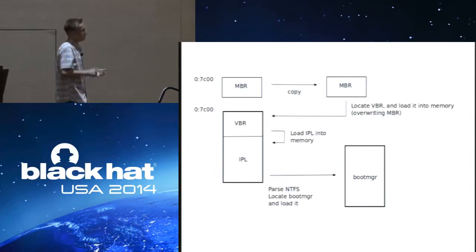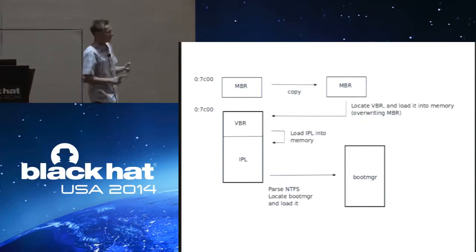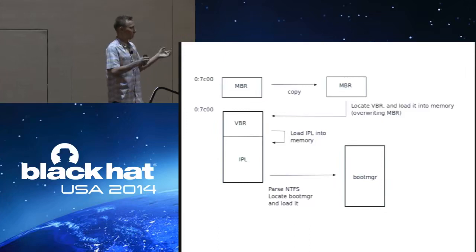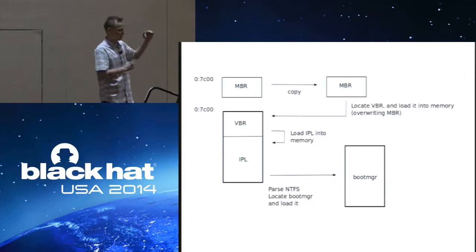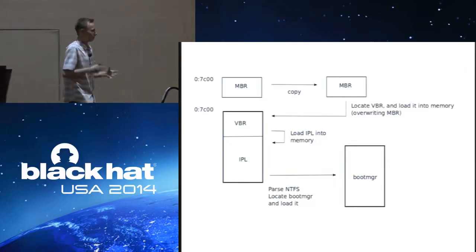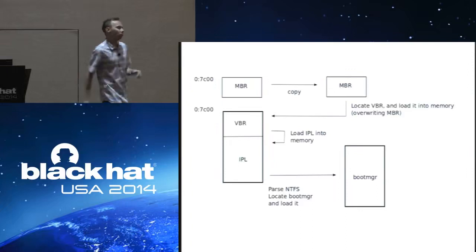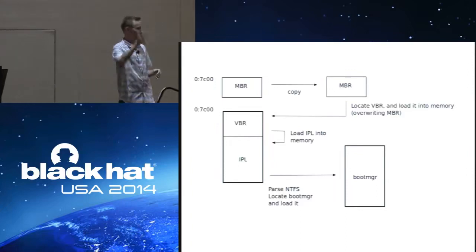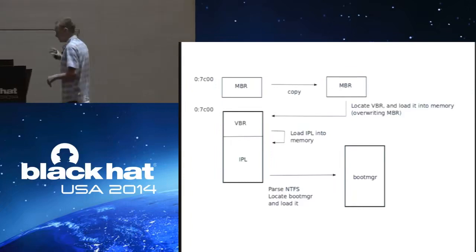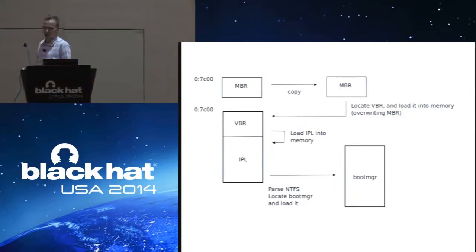From there, it will locate the VBR and load it, then pass control to it. The VBR will load the initial program loader into memory, in consecutive memory addresses, and run that, which will parse the file system to locate the boot manager, load the entire contents of the boot manager into memory, and pass control to it. So this is the process we aim to analyze, really.